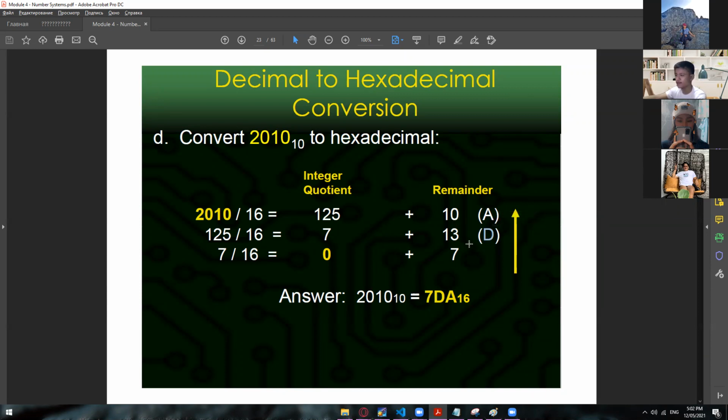And then 10 is A. So that's why we have 7DA right here. Okay, so are we clear so far? All right. Okay, very good. I hope the others were also able to get this one.